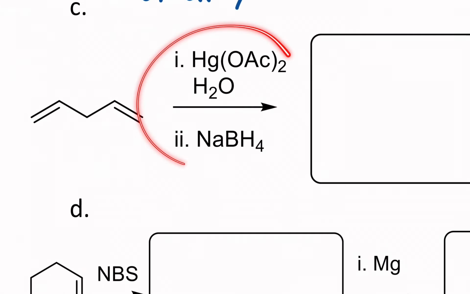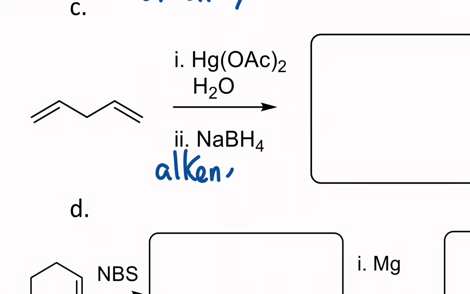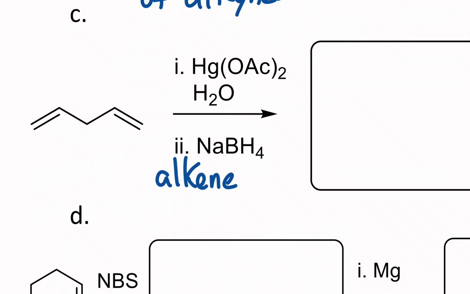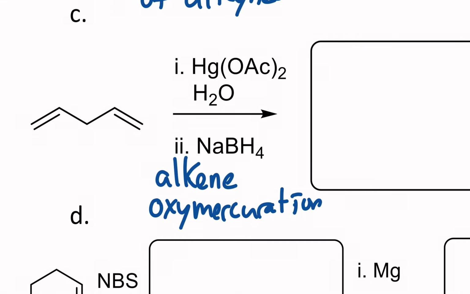Old chemistry again. This is oxymercuration of alkenes. Oxymercuration. This is Markovnikov. It does an addition to the alkene. You'll get an H on the less substituted and an OH on the more substituted carbon.